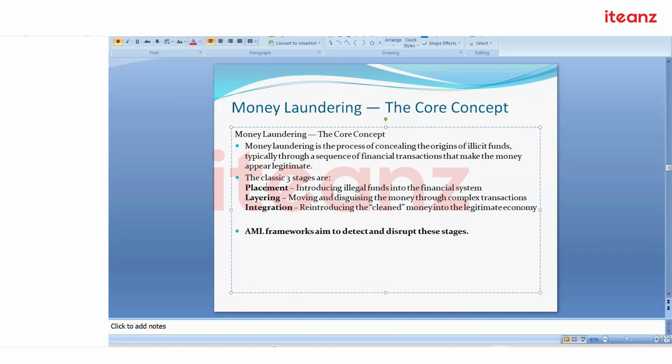So that is the movement of funds in between. Now let me take that example again. Your brother, let's say 1 lakh rupees he took from you.